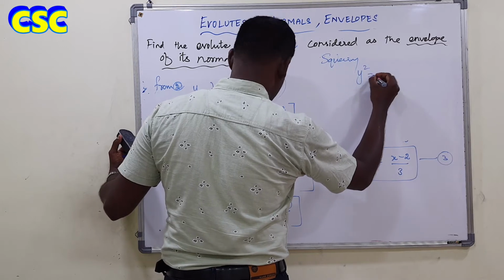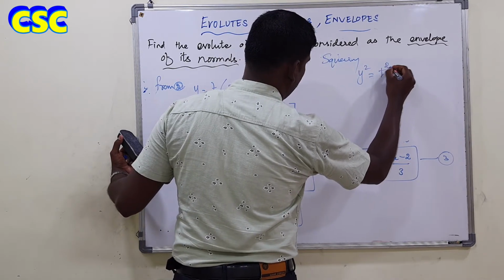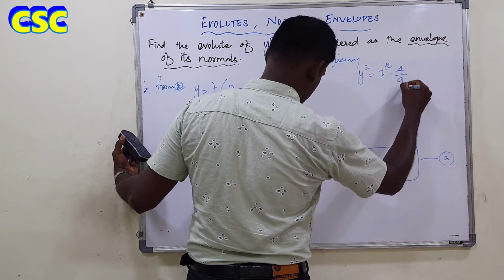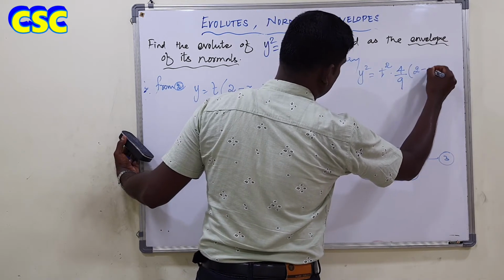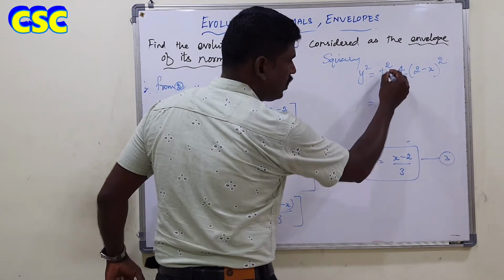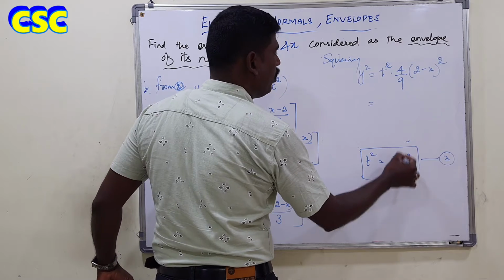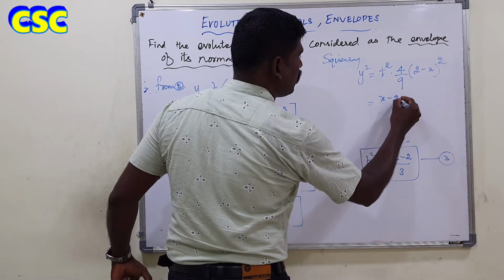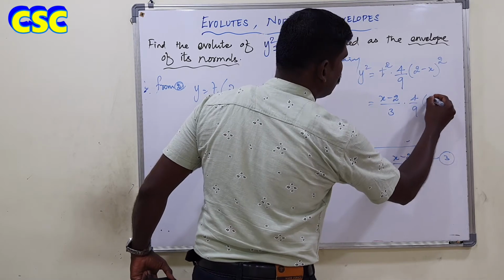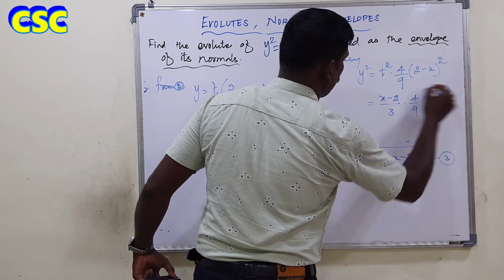y square is equal to t square into, 2 becomes 4, 3 becomes 9, 2 minus x the whole square, isn't it? What is t square here? Once again, I am going to substitute here. (x minus 2) by 3 into 4 by 9 into (2 minus x) the whole square, isn't it?